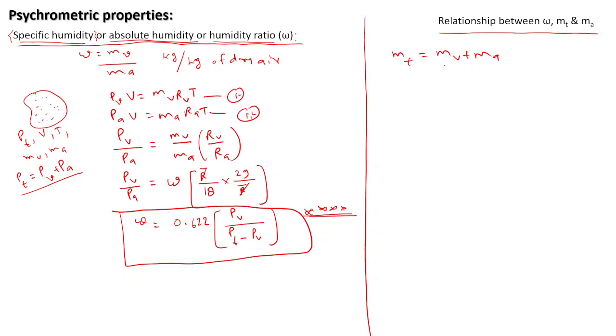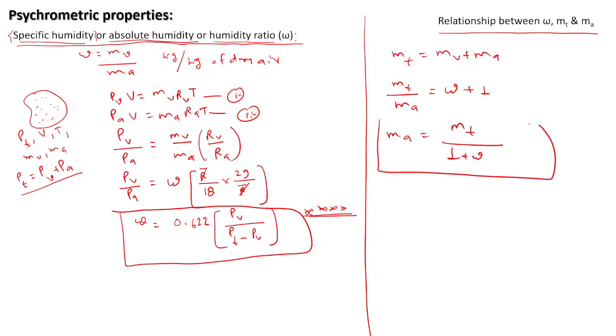So we divide by MA, so MT by MA will become MV by MA, which is omega, plus 1. So we can write MA is equal to MT by 1 plus omega. This also we can use somewhere. So these two formulas you just simply write, and then we'll proceed further.